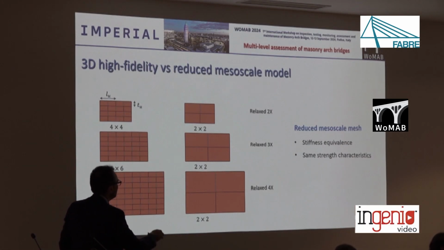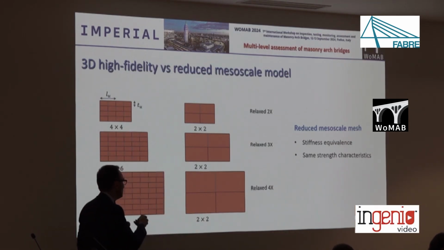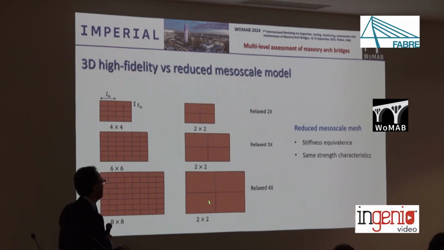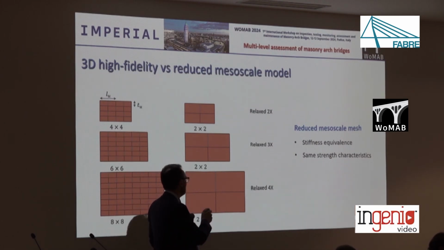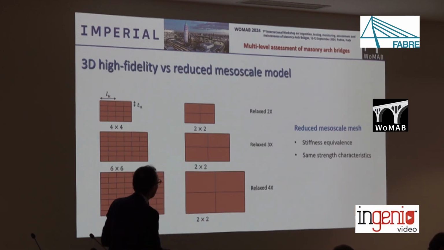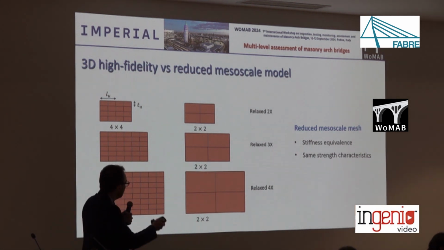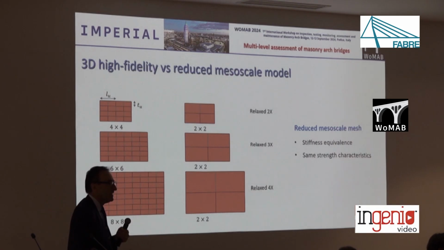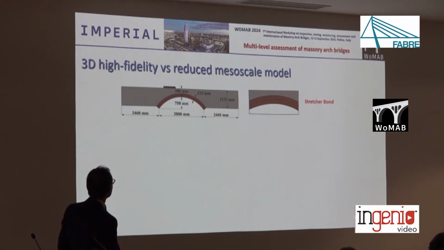And this can be easily done, and then we can use a stiffness equivalence to properly calibrate the stiffness characteristics, and performing a straightforward calibration, we can assume the same strength characteristics for the nonlinear interfaces. We have used this approach in practice several times, and we try to investigate the limitations, and to assume a certain safety factor for the practical implementation of the method.